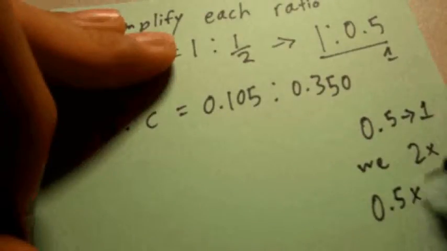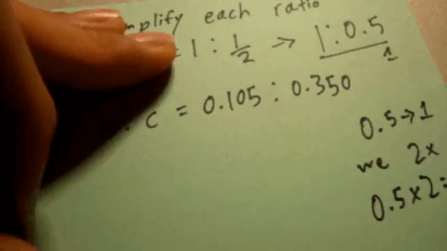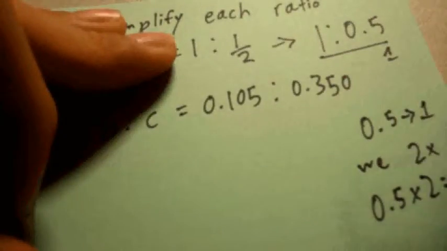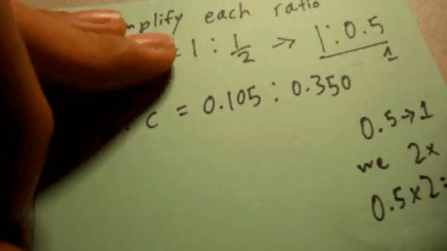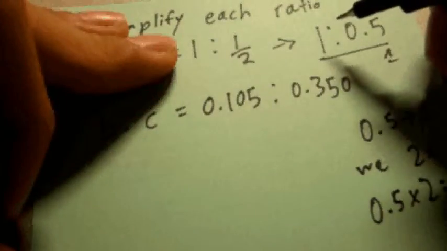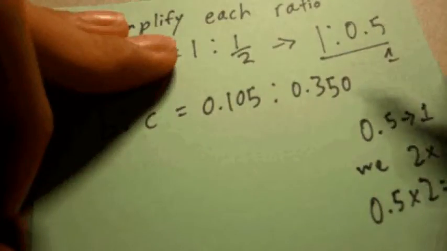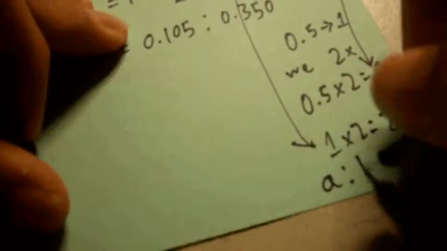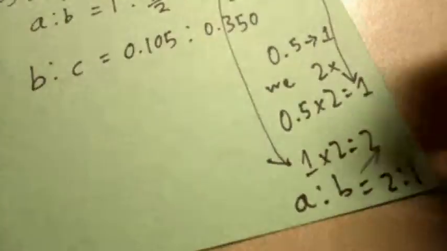Whatever we do to one number in the ratio, we must do the same to the other number, for equality. So 1 times 2 we get 2. So A is to B equals 2 is to 1.